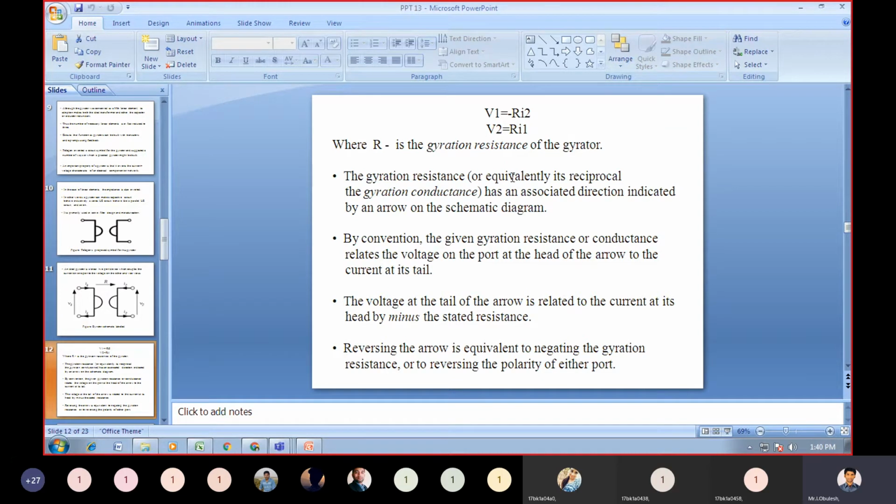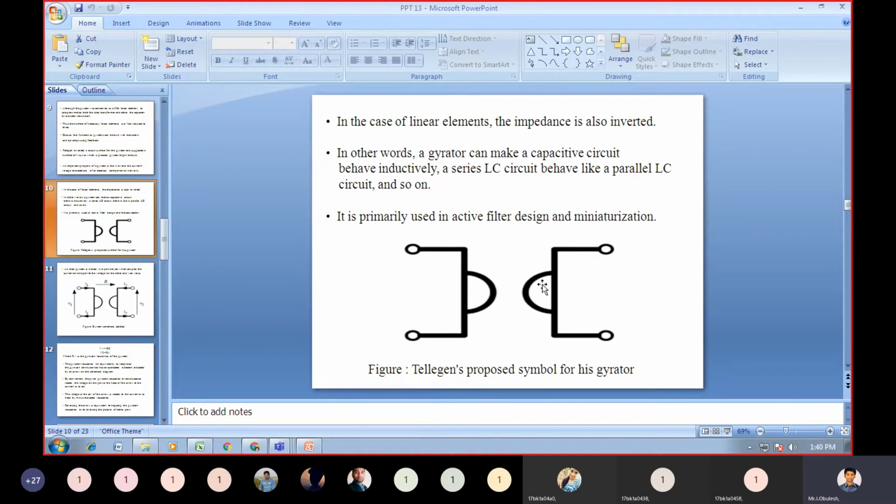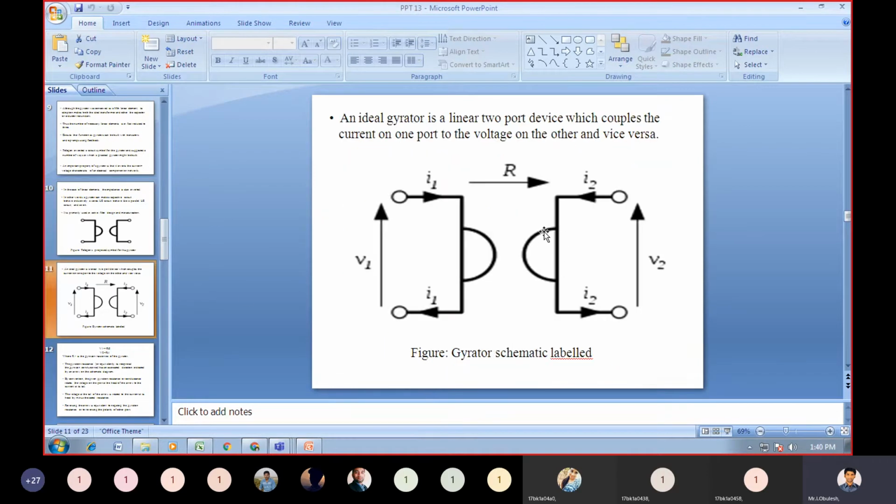Reversing the arrow is equivalent to negating the gyration resistance, or to reversing the polarity of either port.